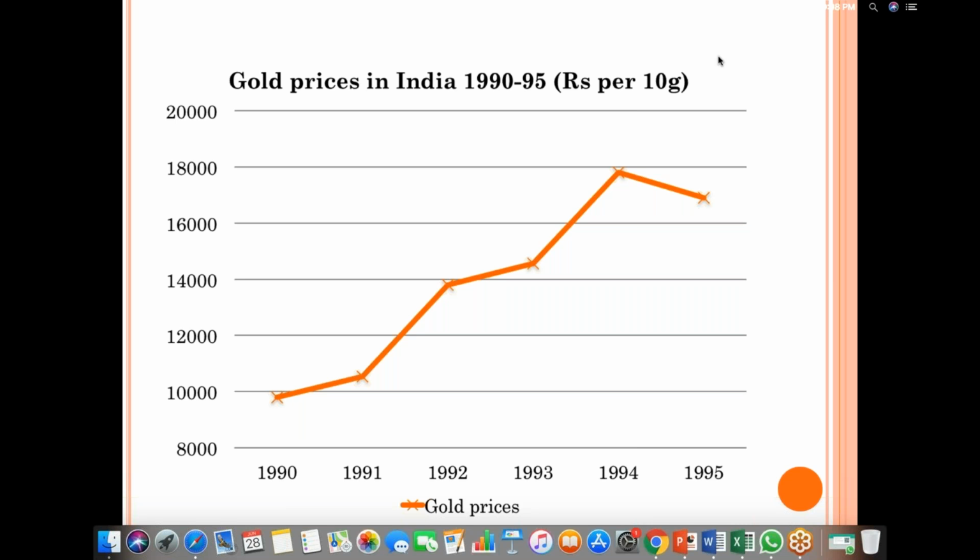Guys, you have to find the growth rate for each of the years.